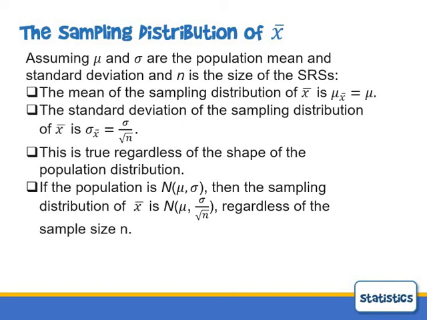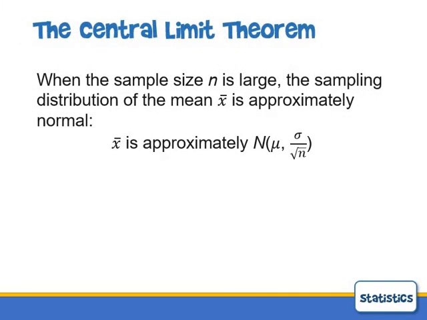If the population is not normal, we need what's called the central limit theorem, which says as long as your sample size is large enough, x bar will still have an approximately normal distribution, as we saw with my GeoGebra applet.